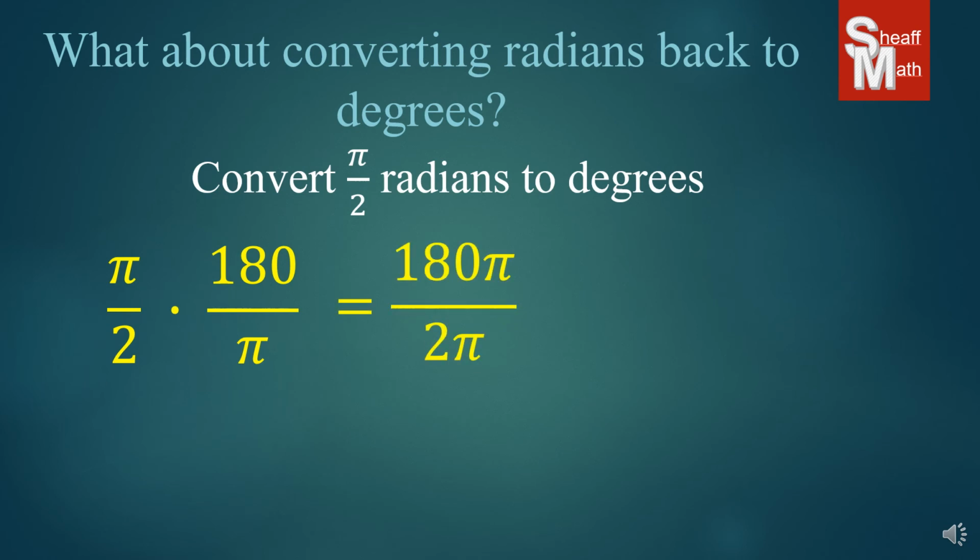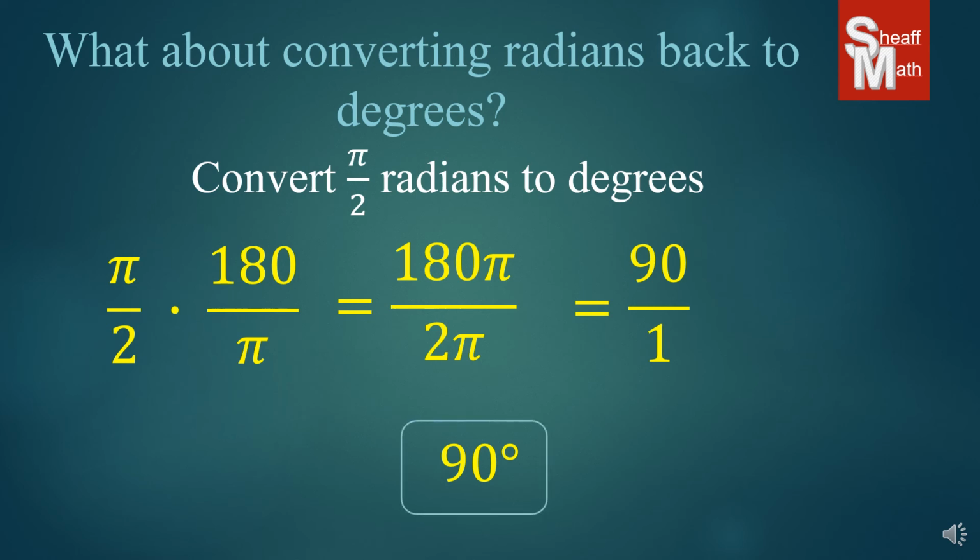We do some simplifying, and what do we get? 90 over 1, which is 90 degrees. Just like we saw earlier, 90 degrees is pi over 2. Actually, 45 degrees was pi over 4. All right, and there it is. So again, the same thing, except you just flip that 180 and pi.